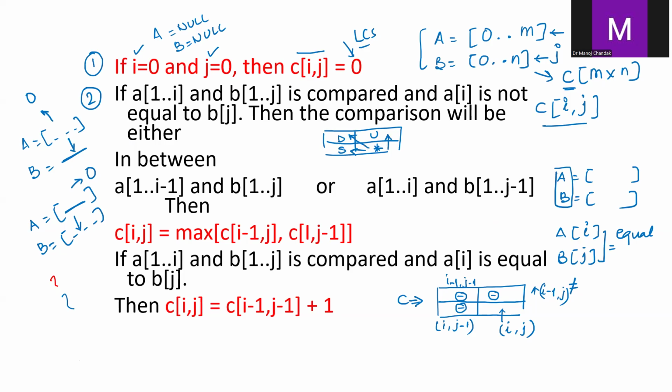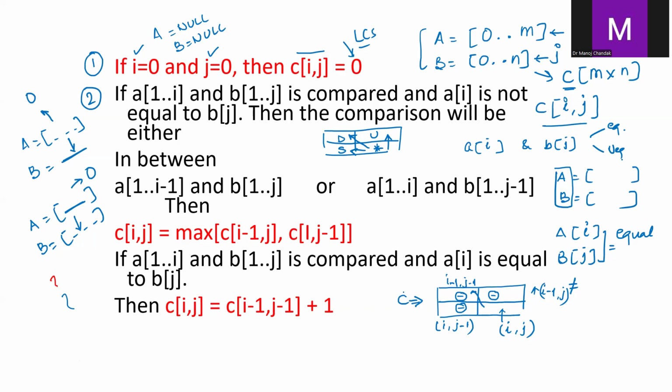And looking into these three possibilities, there are two characters which are being compared, that is A of i and B of j. And there are two possibilities of this comparison: they are equal or they are not equal. And if they are equal, then logically, when we are writing at i and j, we will take help of what is there at diagonal and we'll add 1 to it.